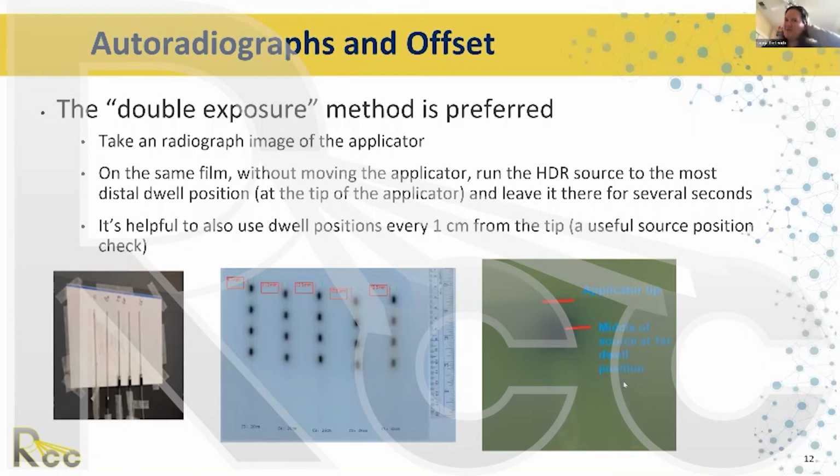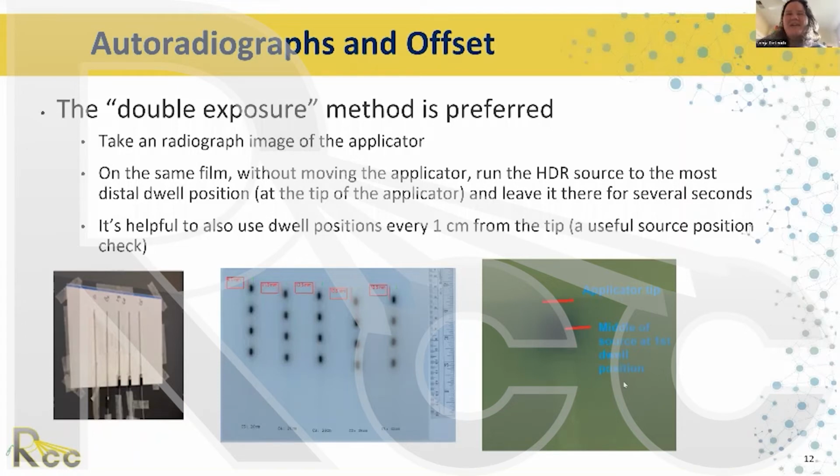My resident and I were scratching our heads, and eventually we dug back into the manuals and realized we indeed needed a 12 millimeter different offset for the peripheral channels. It was different from the multi-channel cylinder from the previous vendor. If we hadn't done the autoradiographs, we could have made an error in the patient treatment. So it drives home how important it is. Very good point, Sonja. I should get a scan of that film in this lecture to show what happens. That would be great.